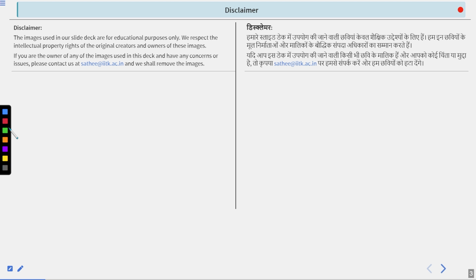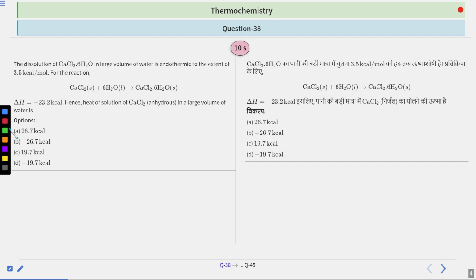So moving on to the questions. The first question is question number 38, which says that the dissolution of CaCl2.6H2O in a large volume of water is endothermic to the extent of 3.5 kilocalorie per mole. For the reaction, CaCl2 solid, that is calcium chloride, reacting with 6 moles of H2O liquid gives us CaCl2.6H2O as the product.